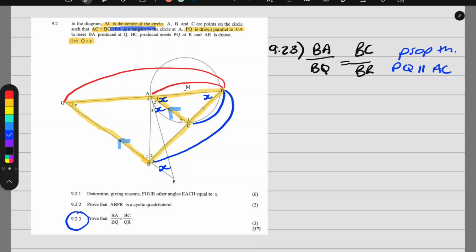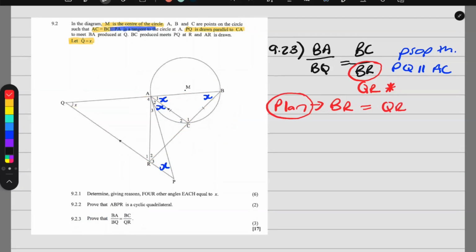Okay, now I've almost proven what they asked here. The only problem is this BR must be a QR. So that's a problem. So I need a plan to show that BR is the same length as QR.